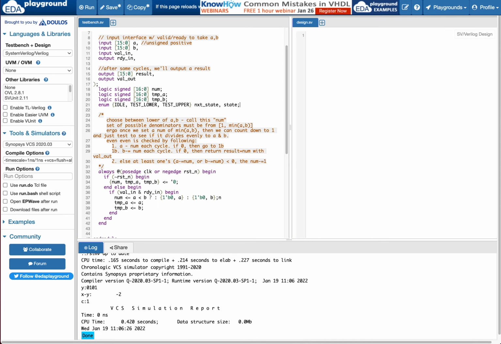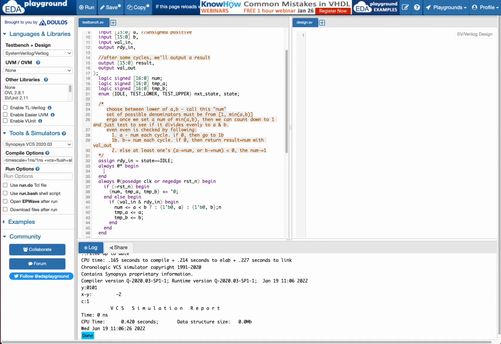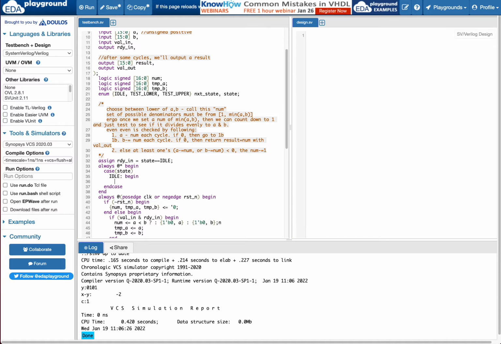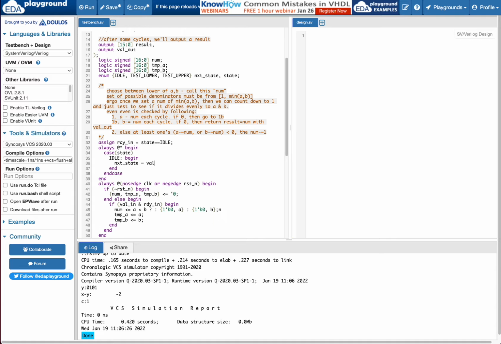So that's somewhat straightforward. Let me leave the instantiation above and then have these instructions here so I can easily implement it. And then, okay, so next is the combinational logic. I don't really know of a good ordered way to do it. So the next state is if valid and ready, then we want to go to test lower.